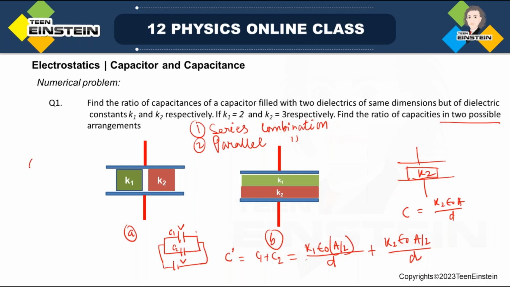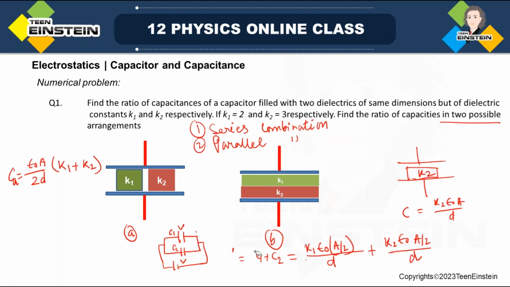So we get epsilon naught A by 2D into K1 plus K2. Let us say this is CA for problem A.